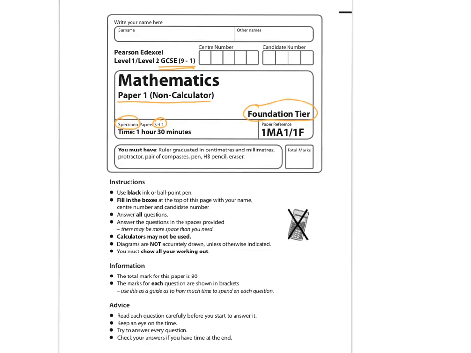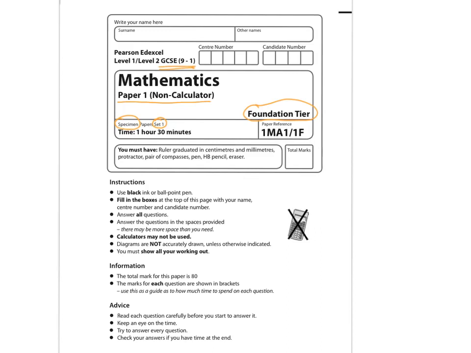I'm going to go through all the questions in the paper. If there are certain areas you're not quite sure on, I'm going to try and put some links to other videos that I have that explain things in a little bit more detail, like some of the topic areas, such as trigonometry, for example. So you can just go through the questions.